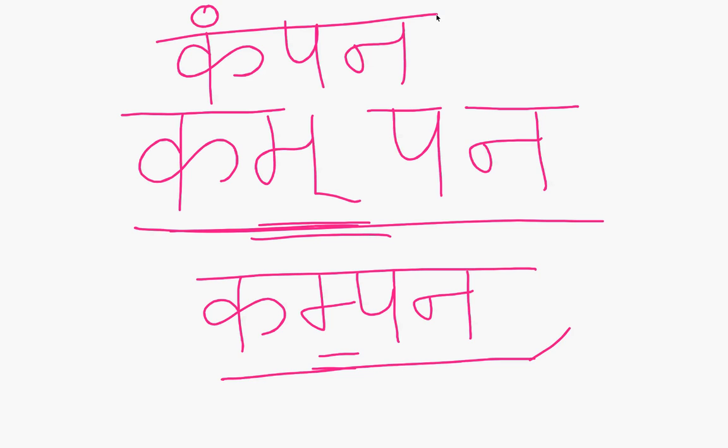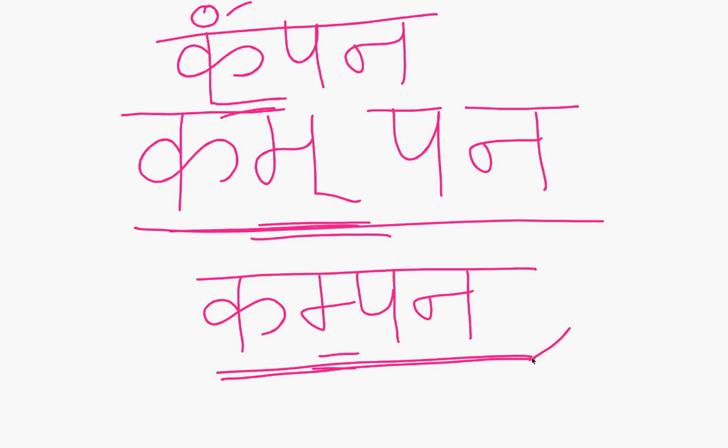Sanskritam is very specific: how we say it, how it is pronounced, it has to be written like that. So here we cannot actually pronounce it with anuswara. It's highly difficult. So it is written and pronounced like this, kampana.